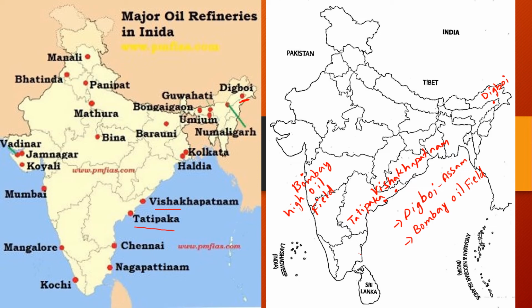Clear. So here Nagapattinam will come in this region. Yes. So this is about the major petroleum producers in India. Clear. So any doubts?